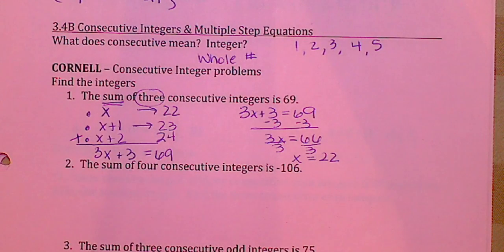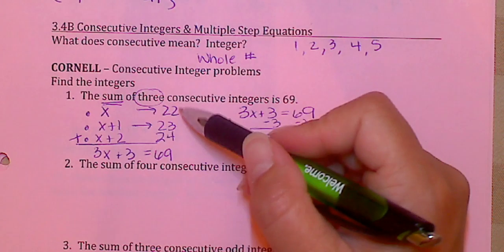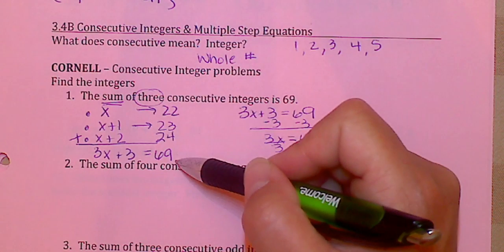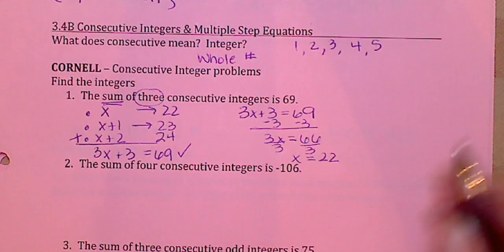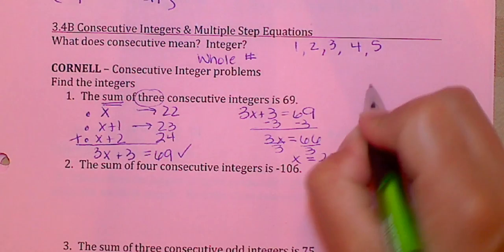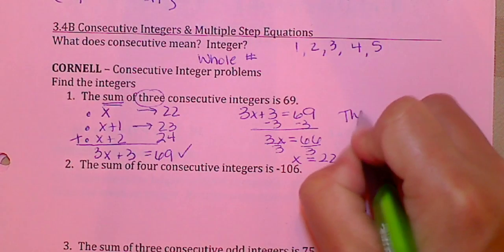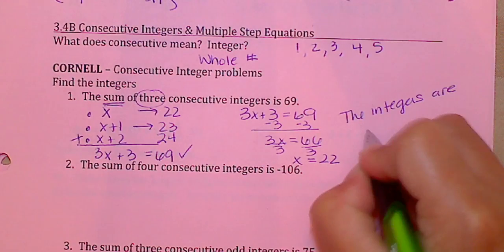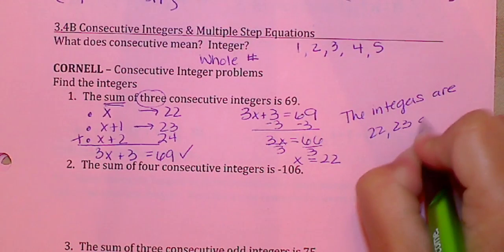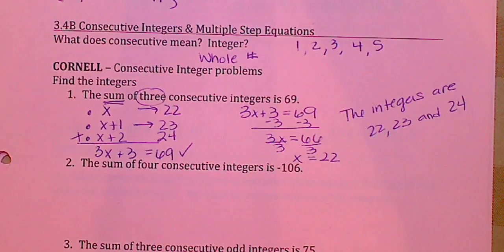Now these, as well as some other types of word problems, can easily be checked. If you just add them down, do you get 69? And if you add those together, we do. So we know that we got it right. Now this is a word problem, so you have to write a word sentence at the end. The integers are 22, 23, and 24.